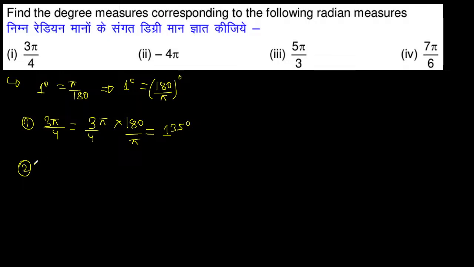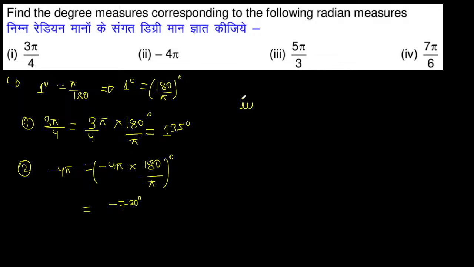Second number, minus 4 pi is equal to minus 4 pi into 180 by pi degrees, which is equal to minus 720 degrees.